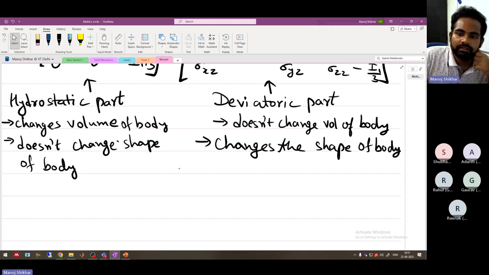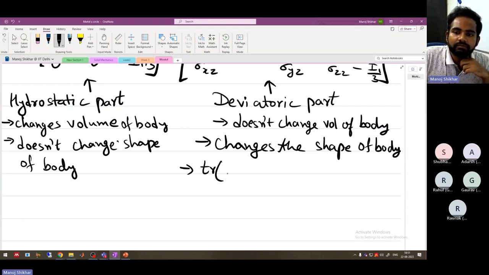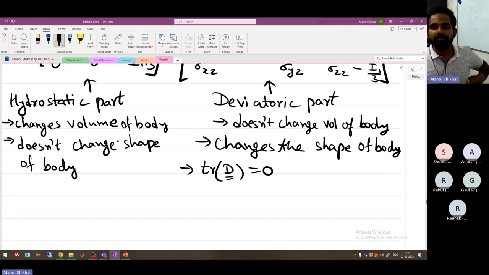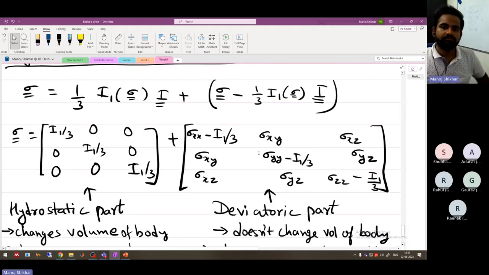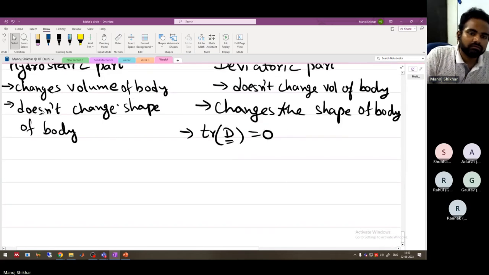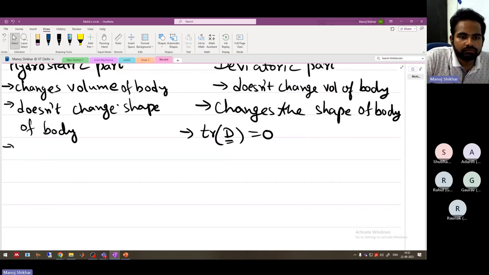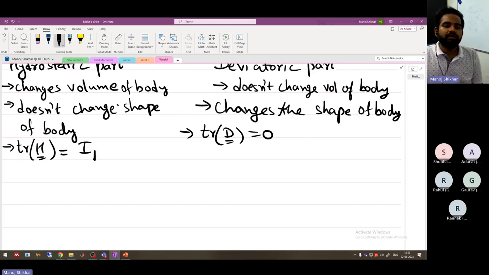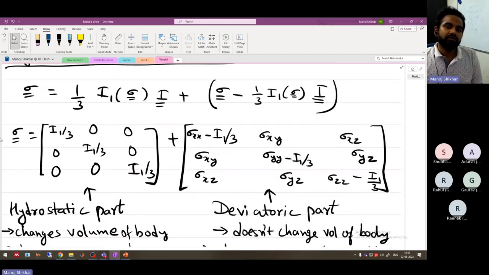One more thing you can remember is the trace of the deviatoric part. I will write the trace of d equal to 0. So the trace of the deviatoric part will be 0. And the trace of the hydrostatic part is I1. We should remember that this should be equal to the trace of sigma.